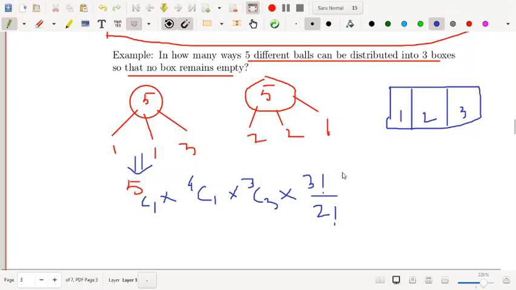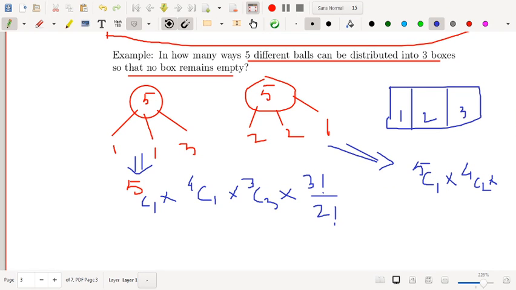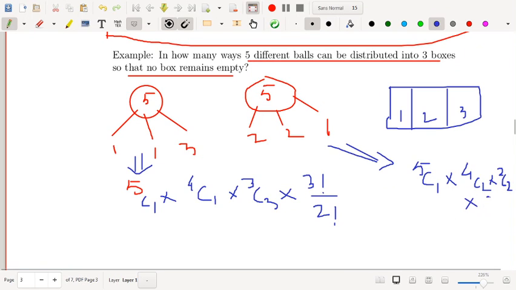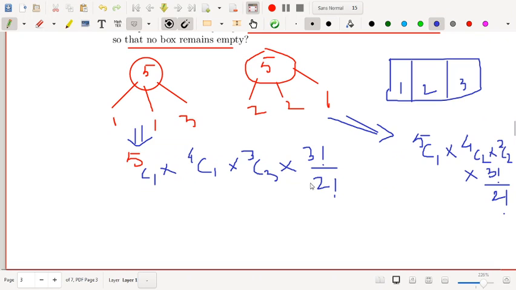Or in the other case, 5C1 again into 4C2, clear, and 3C2, the remaining balls 2, then 2C2, into, in this case also, factorial 3 by factorial 2. So if you calculate, the sum of these two results will give you the answer.